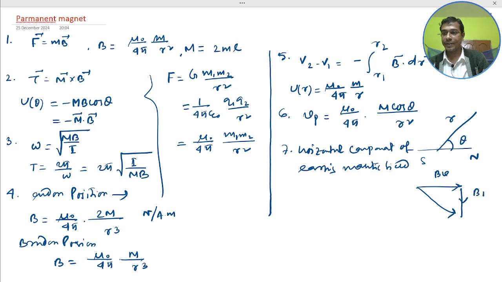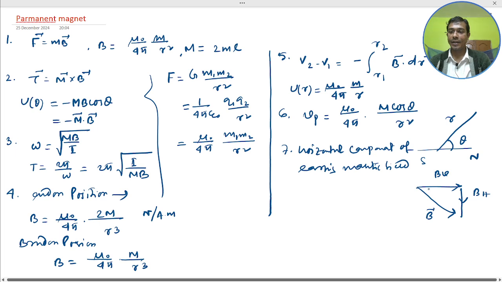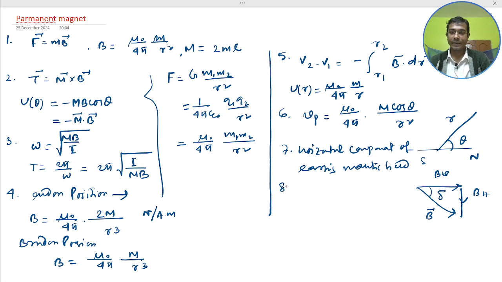BV, BH, and this is the B, and the angle is delta. So tan delta, the tangent of delta is equal to B vertical by B horizontal. So B would become the resultant of B vertical squared and B horizontal squared. Delta is 0 degrees at the equator and 90 degrees at the pole.